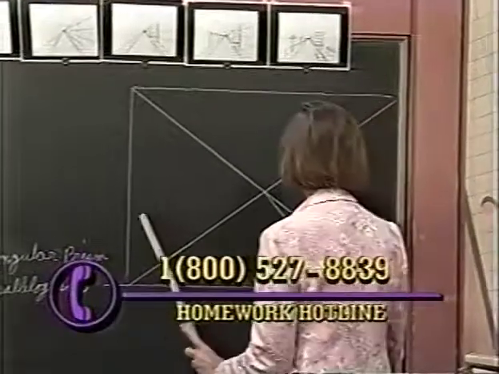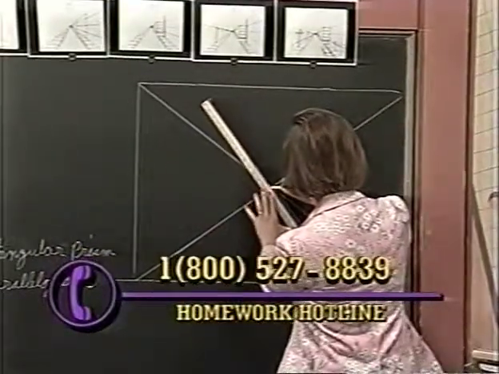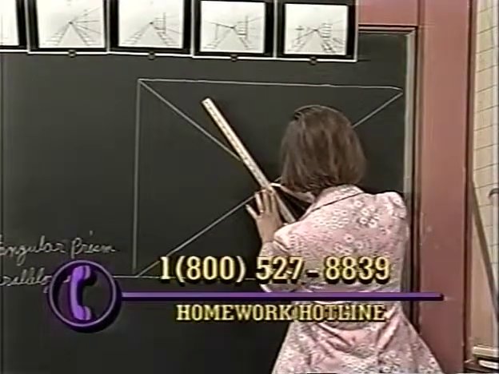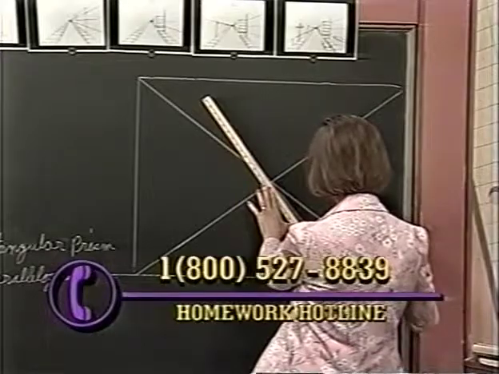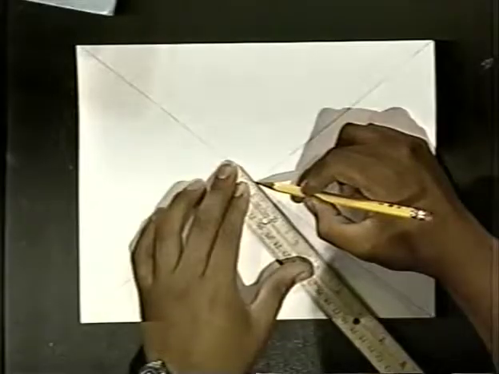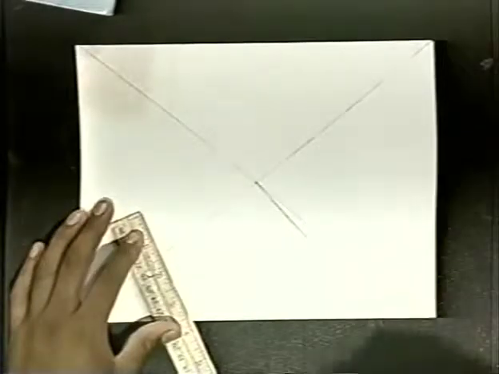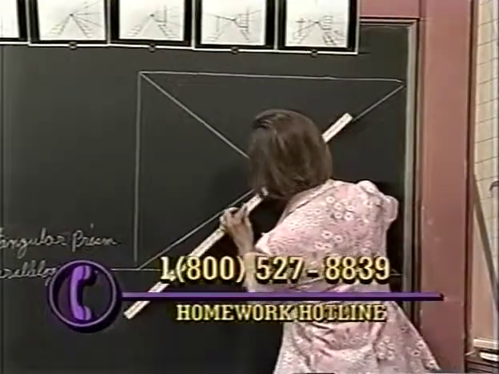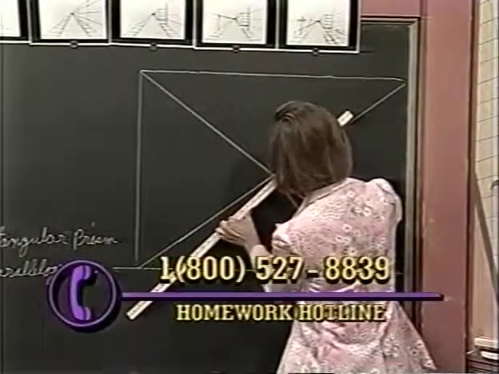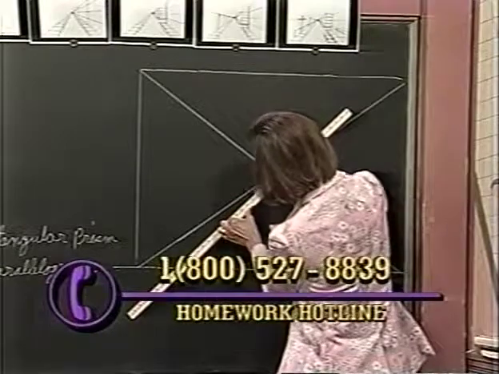Now put your pencil on the point again, slide the ruler up underneath the pencil, and we're going to draw another very acute angle, very tiny, right next to the one that we just drew. Now we're going to do the same thing on the other side. Pencil on the point, slide the ruler under the pencil. The reason we do that is to make sure that your point never moves.